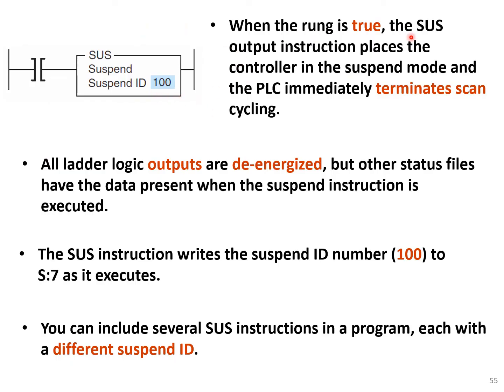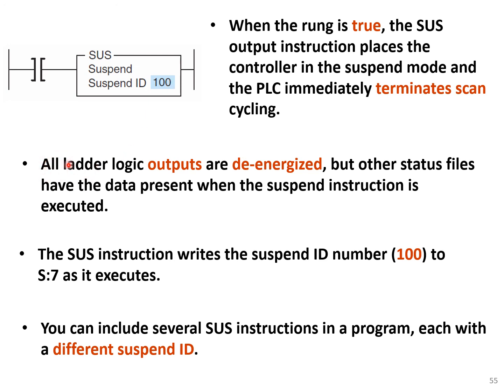When the rung is true, the SUS output instruction places the controller in the suspend mode, and the PLC immediately terminates scan cycling. Here the suspend ID is what the programmer chose. We could give it 120 or any other number, it doesn't matter. So once it reaches the SUS and the rung is true, it suspends the program.